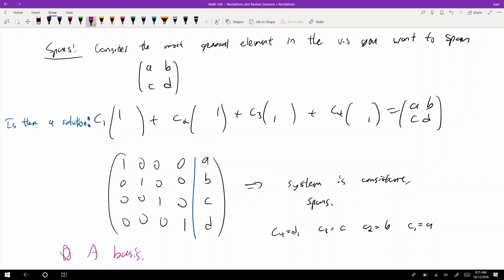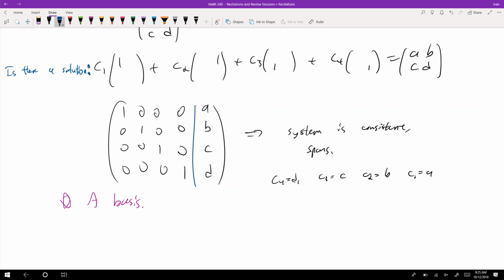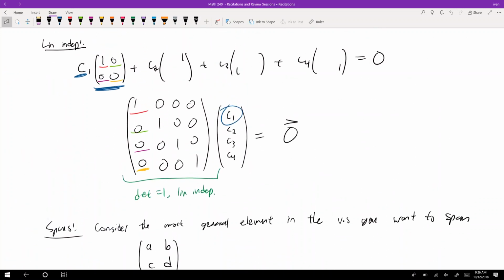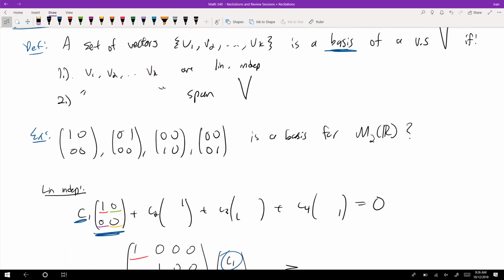It's almost like if I asked you to give me a basis for M2R, these four matrices would probably have been your first guess. If I said choose any basis, it seems to be the most simple. I'm just taking this one and moving it around all the entries.